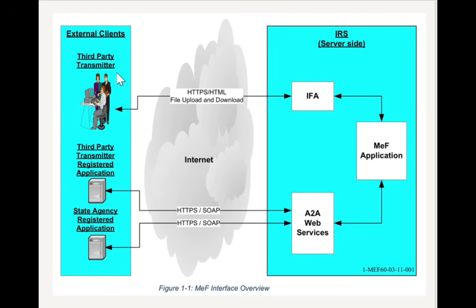A transmitter is an authorized e-file provider that sends electronic returns directly to the IRS MEF system. Basically they need authorization, and there are other third-party applications which can directly interact using the A2A web services with the IRS MEF application system.